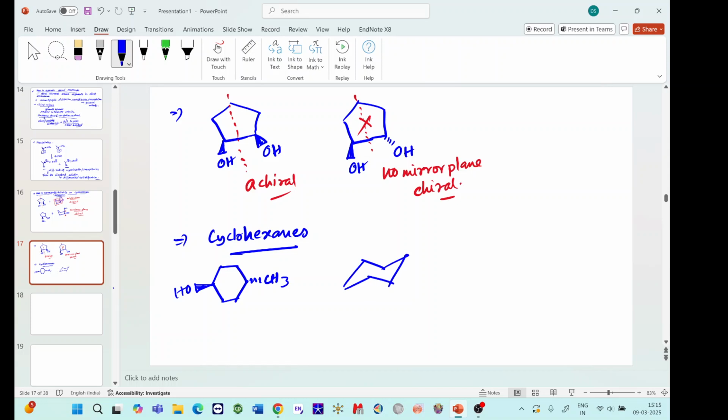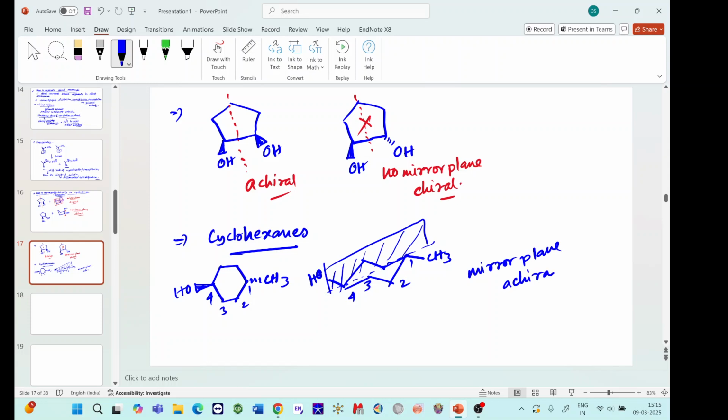So you have exactly opposite, 1, 2, 3, 4, the 1,4 position. So at 1, I'll give one CH3 here down. 1, 2, 3 and 4, it is on the top, which you can clearly see you can have a mirror plane right here. Okay, it can divide your molecule into two halves. So you have a mirror plane, and that's why it will be an achiral compound.